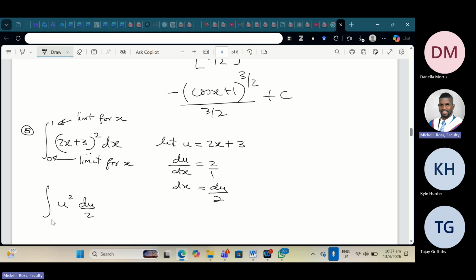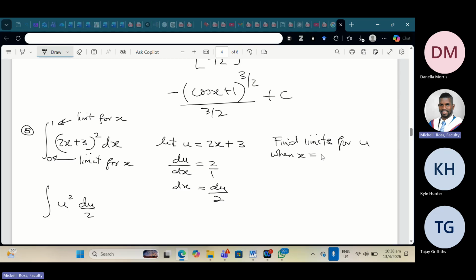I cannot write 0 and 1 right here, because those were the limits for x when you're integrating with respect to x. So I now need the limits for u. We know that x is equal to 0 and we know that x is equal to 1.